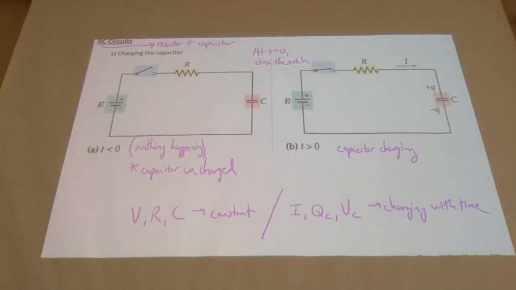So we can no longer just say how much charge is on the capacitor without asking when. At what time do I have a certain amount of charge on the capacitor? Because it's always going to be a different amount. In this type of circuit, we just can't say what is the current. You have to say, at this particular time, what is the current? Because everything is going to be changing.